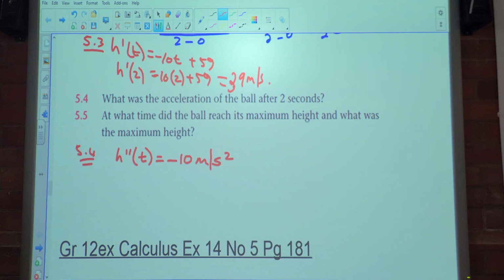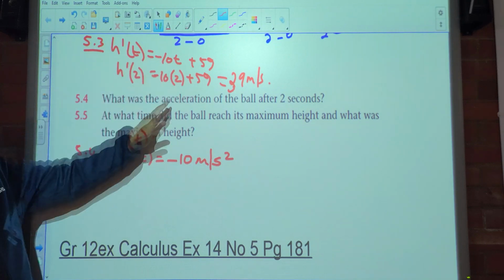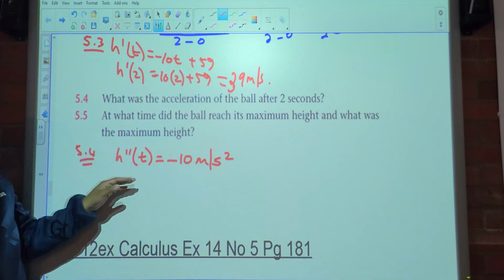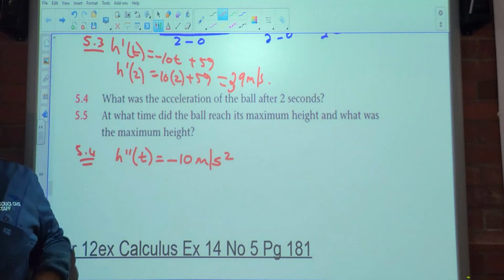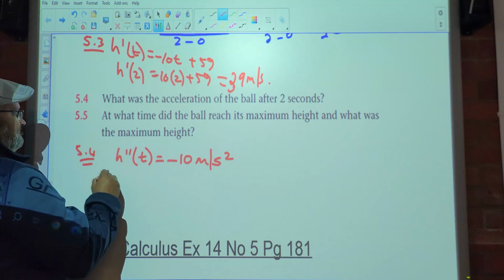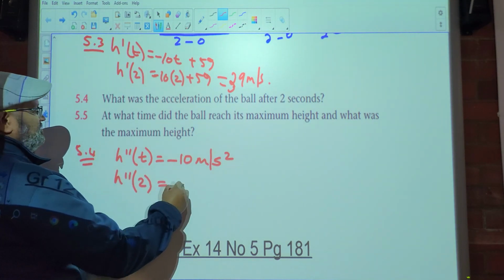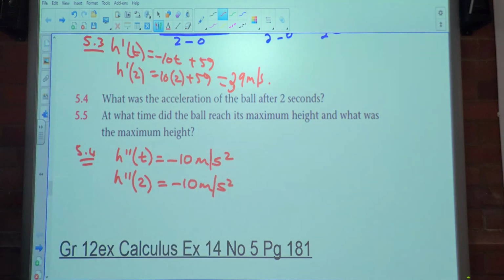You're applying a derivative here, and the derivative of the constant is 0. So at any given time the acceleration is negative 10 meters per second squared, and after 2 seconds it will also be negative 10 meters per second squared.